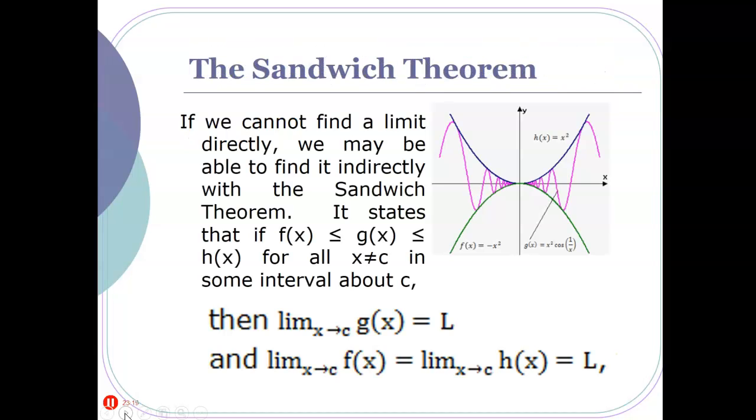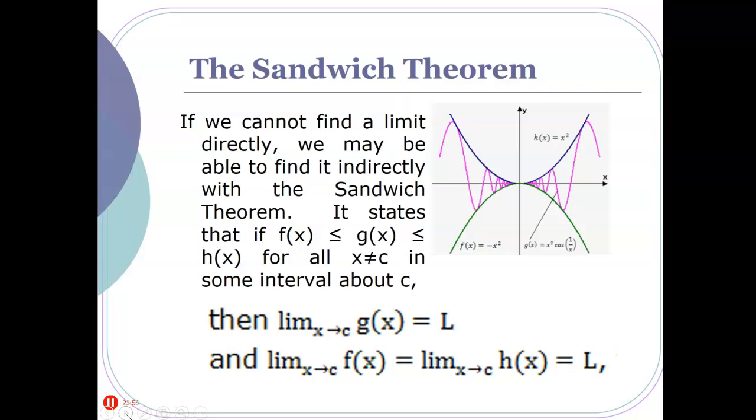And speaking of squeeze, we're going to talk about the sandwich or the squeeze theorem. So it goes by both names. And basically it says if you cannot find a limit directly, we may be able to find it indirectly with the sandwich or the squeeze theorem, which basically says that if you have 3 functions, f, g, and h, that you can smush one of the functions in between the other 2.